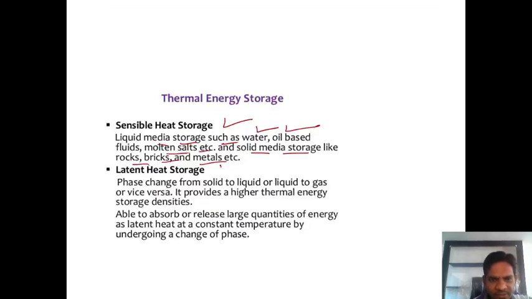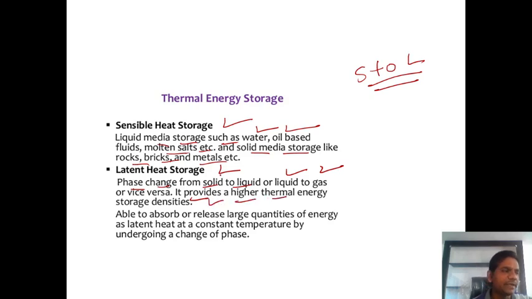So latent heat means phase change from solid to liquid. Here the solid gets converted into liquid, or liquid to gas and vice versa. It provides a higher thermal energy storage density. Latent heat means a change of phase occurs during the thermal energy storage, able to absorb or release a large quantity of energy as latent heat at a constant temperature by undergoing a change of phase, guys.